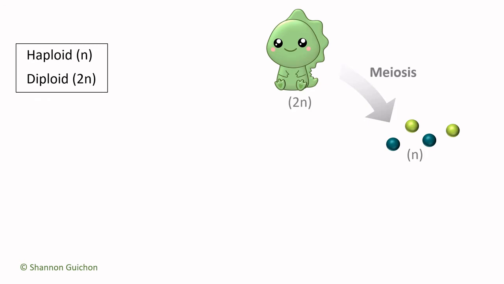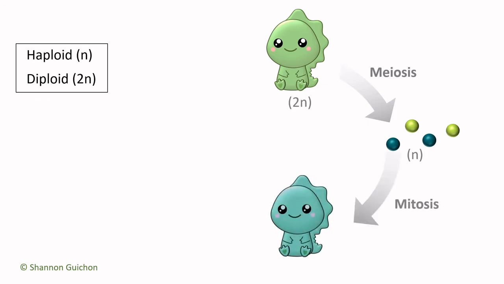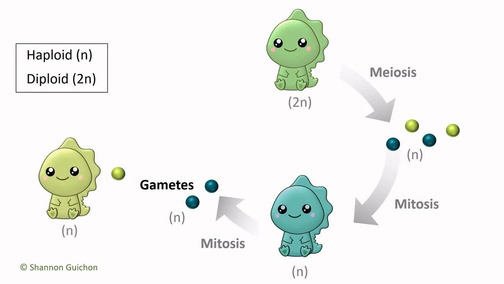Instead, each of these cells underwent mitosis to give rise to a new organism that was haploid. Upon maturity, these individuals produce gametes through the process of mitosis. These gametes can fuse with a gamete from another haploid organism through the process of fertilization, resulting in a diploid zygote.